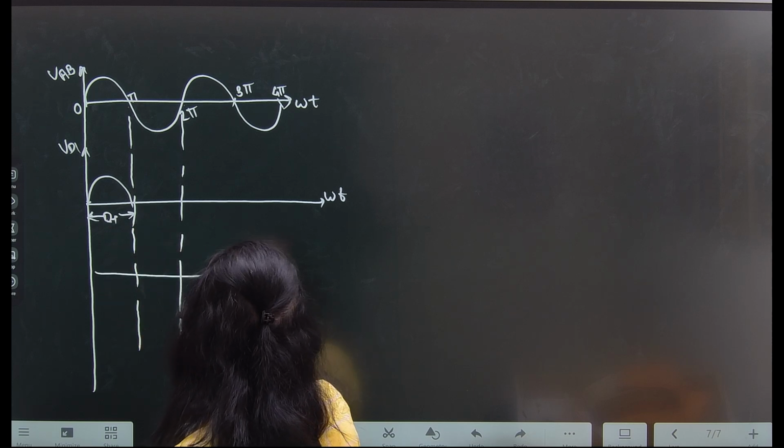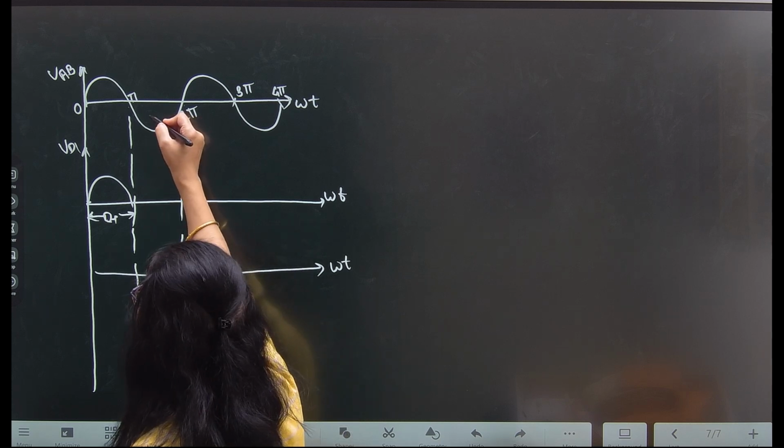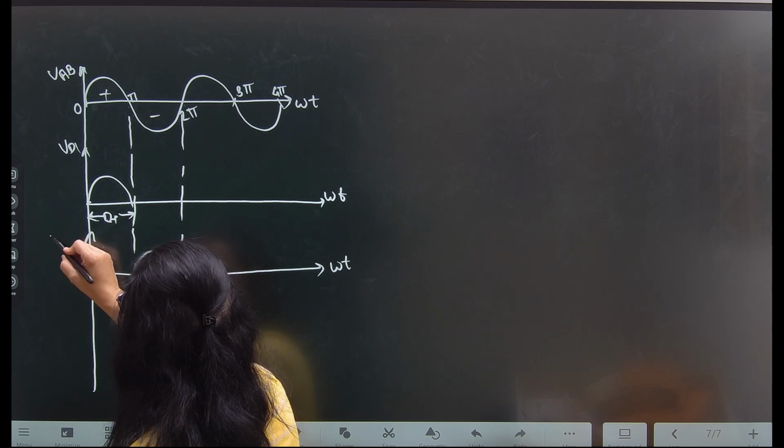Then the voltage at VD2, it is on in the negative half cycle. So we will get voltage in the negative half cycle also.